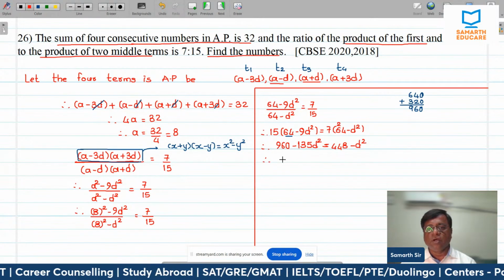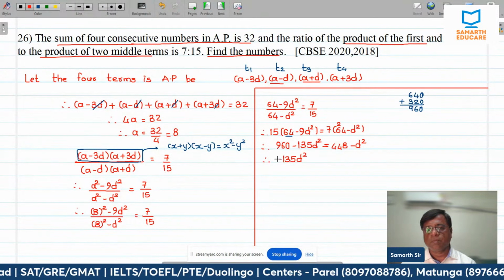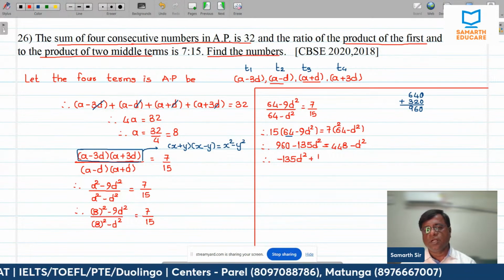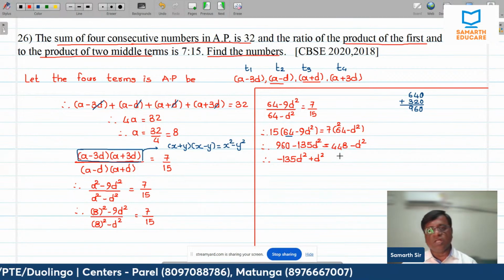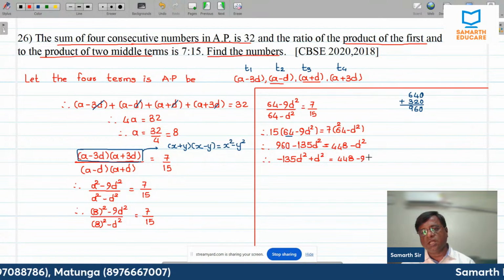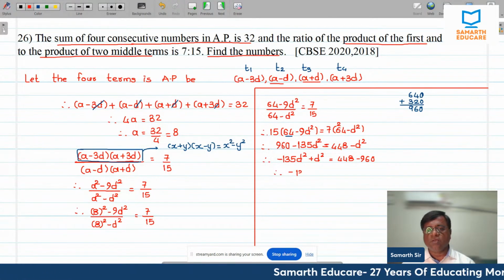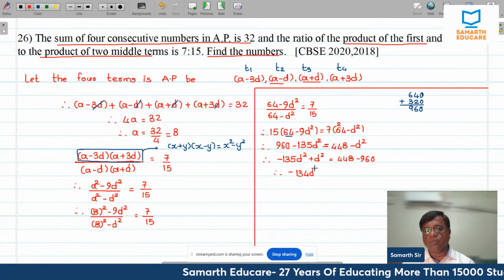So I have minus 135d square plus 7d square. I'm taking that d square on the left hand side. This is 448 minus 960. So this is minus 128d square.